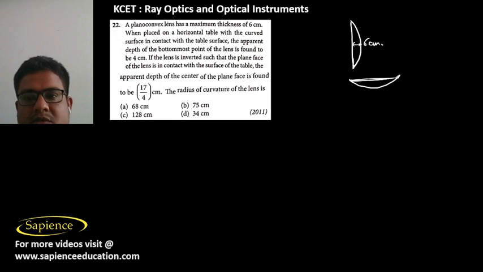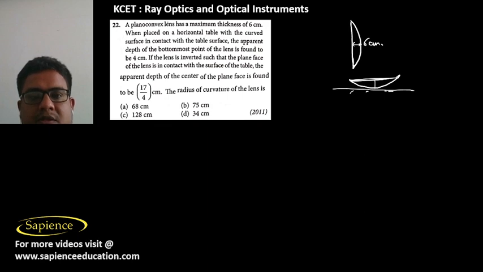So it is placed on a table with its curved surface on the table surface. The apparent depth of the bottommost point of the lens is found to be 4 centimeter.